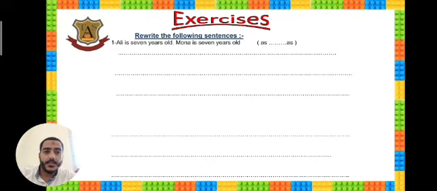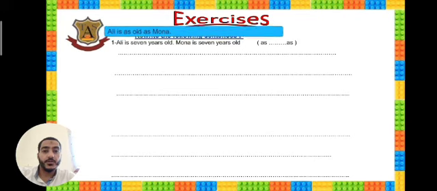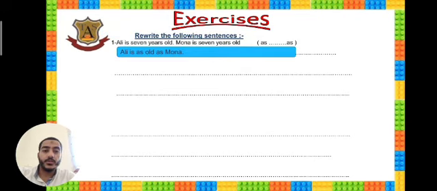Use as. Again, Ali is 7 years old. Mona is 7 years old. Make them one sentence. Very good, smart. Ali is as old as Mona.